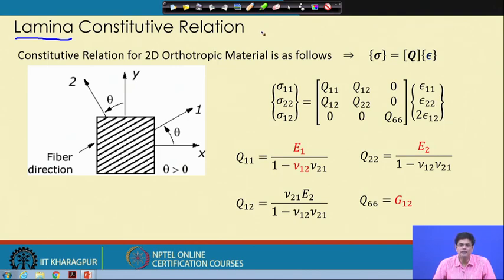Those planes have negligible or very small thickness compared to the other two dimensions, and those planes are known as the lamina. A lamina is a part of a laminate, where a laminate is a series of lamina arranged in a suitable order as per the material behavior desired.